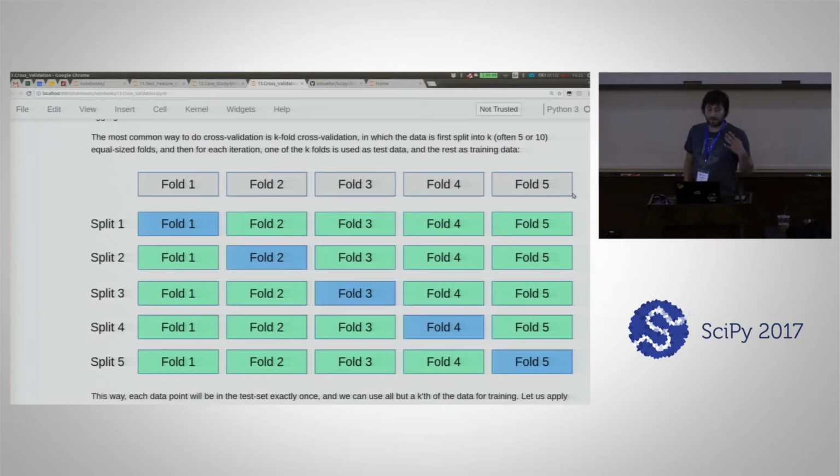Now I have 5 different evaluations of my model. I can see what the differences are: does the outcome depend a lot on the split of the data? I can also compute the mean of them, for example, or the median, to have a more robust evaluation. What's also great about splitting in this way is that each data point is in the test set exactly once.